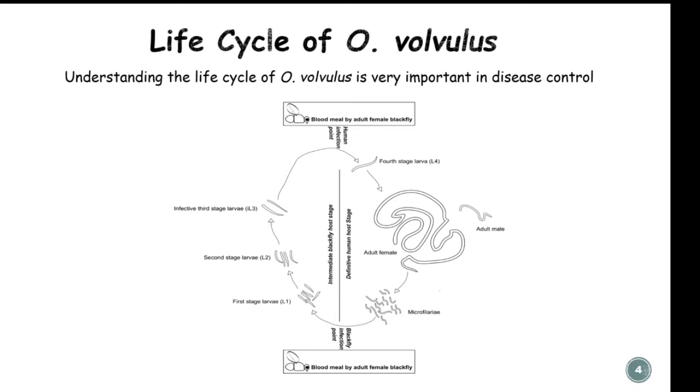It then goes through several molts and ends in the adult, male and female. There's a sexual reproduction that leads to live baby worms that are then passed on to the next black fly on the blood meal. So this is a cycle, and having this picture in mind is very important in the control of this disease. Next slide, please.